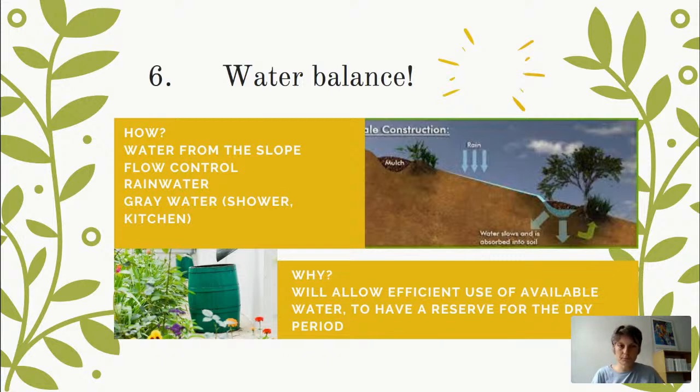Why do we need to do it? It will allow you to use available water efficiently, to have a reserve of water for dry periods, and actually to have free water, which you don't need to buy or pay for.